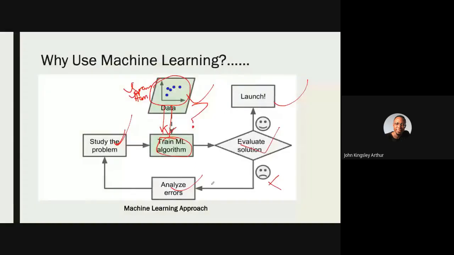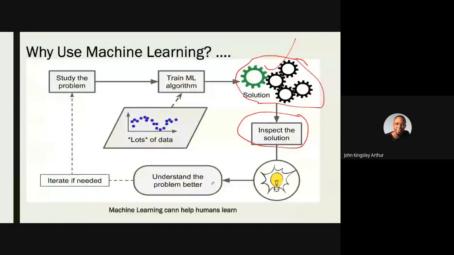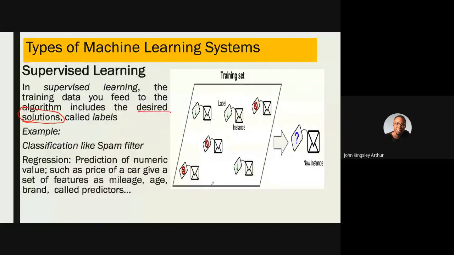I hope you understand this. If you do not, please let me know if you have a question. So supervised learning depends directly on the kind of data you have. If the data has the input field plus the output field, then you can do supervised learning.